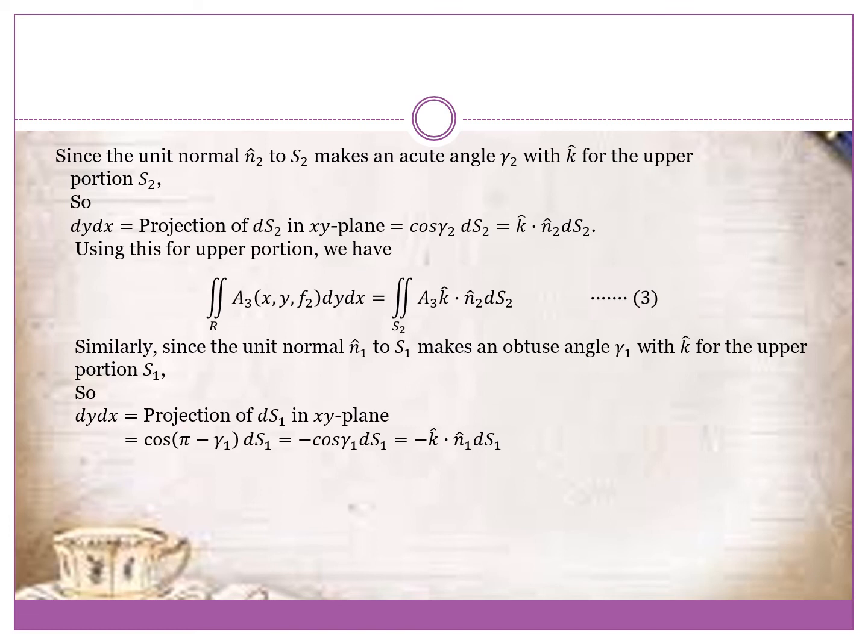This cos gamma 1 can be calculated by the dot product of k and n1. You can easily verify by the definition of the dot product that k dot n1 is equal to cos of gamma 1 because the angle between n1 and k is gamma 1.